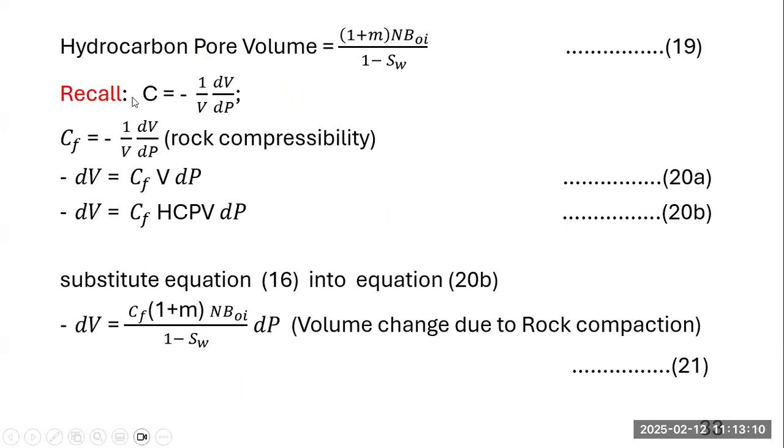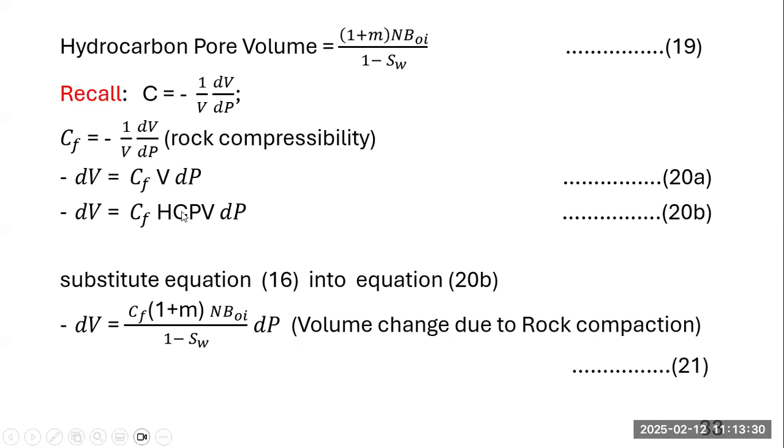So let's recall that our C is minus 1 over V dV dP. Our CF, therefore rock compressibility, dV will be CF V dP, where V is the hydrocarbon pore volume.